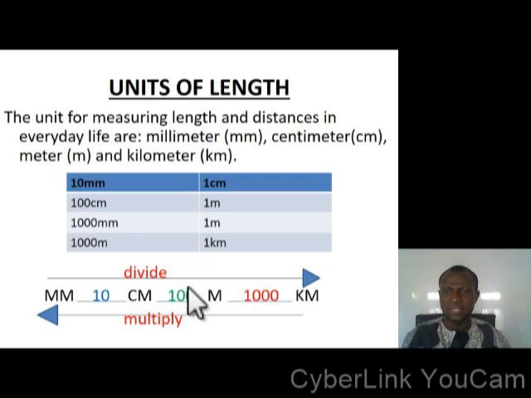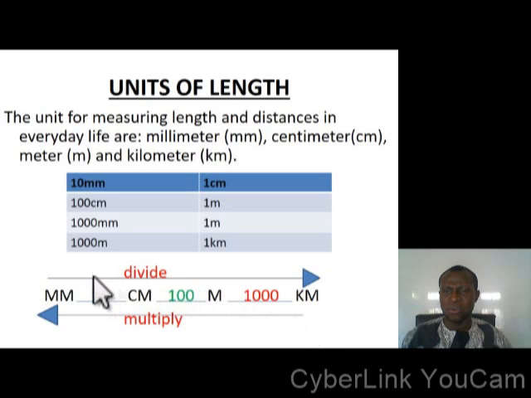Here I devised a kind of chart that will enable you to understand the conversion between the various units of length quite properly. Now just pay attention, you'll be able to understand it. With this kind of chart, it will help you analyze and do various conversions between these units of length. Here we have millimeter, centimeter, meters, kilometers.